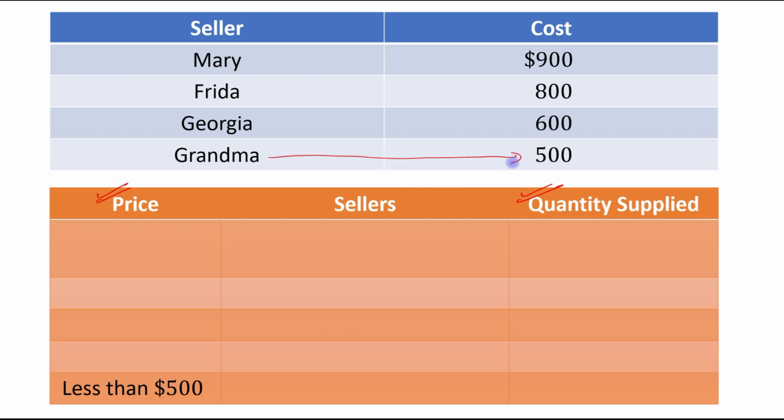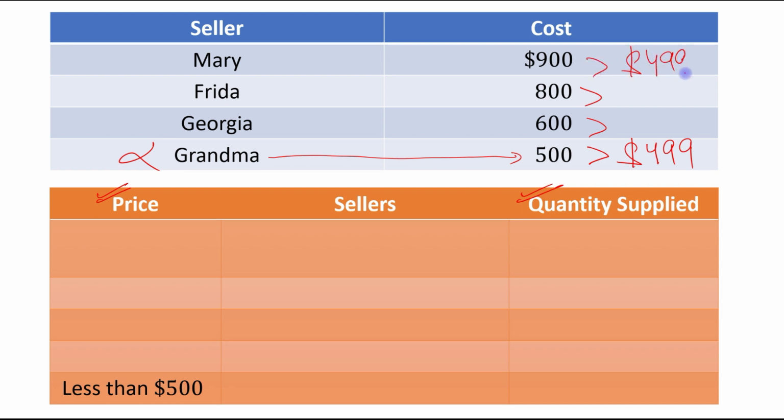The lowest price that grandma would accept is $500, and if the price offered to her is less than $500, let's suppose it is $499, then grandma will leave the market. Grandma will refuse to sell her painting services, right? Same is the case with the remaining sellers.